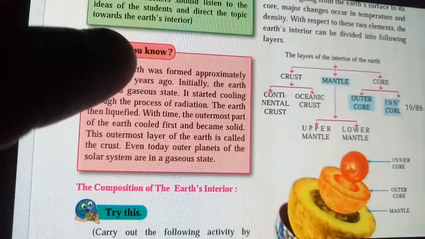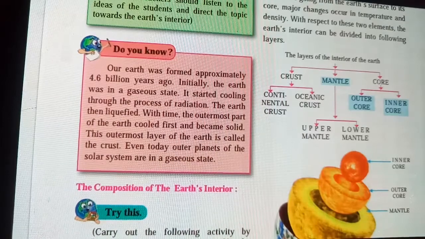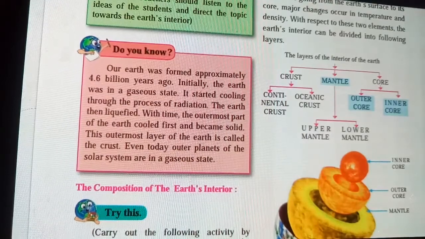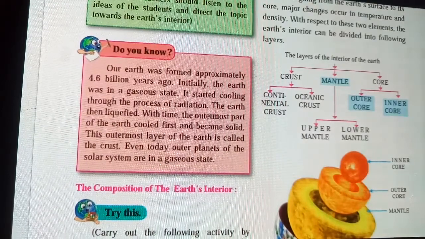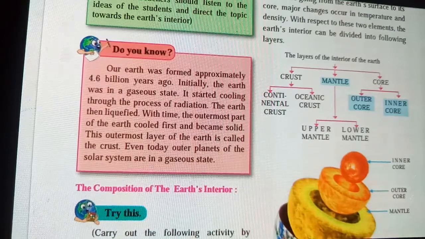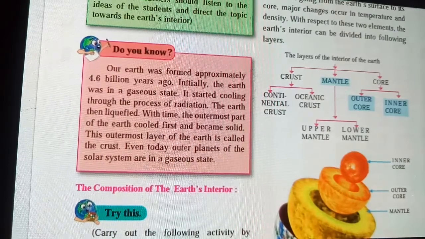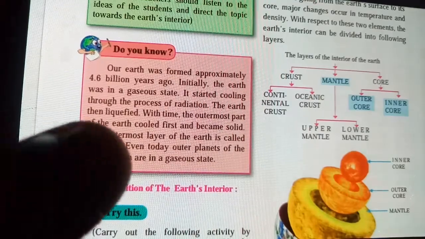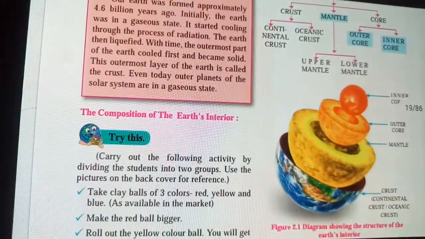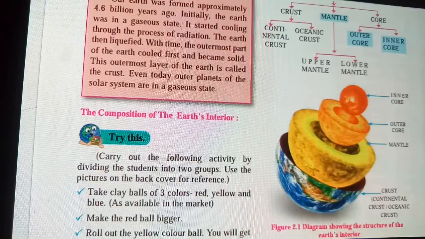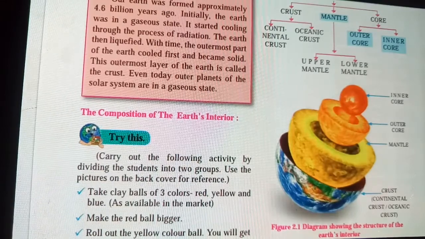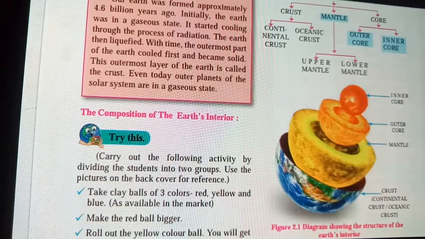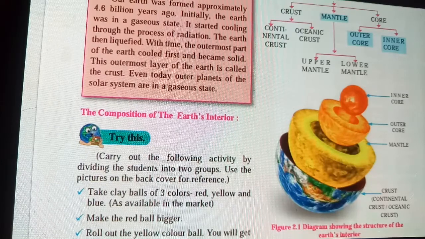Let us discuss this diagram and understand the different layers of the Earth's interior. Now you have the crust. Crust is divided into continental crust and oceanic crust. The continental crust is below the land, so there are different landforms near the continental crust.